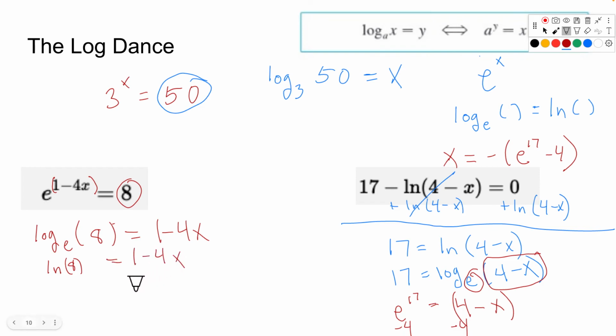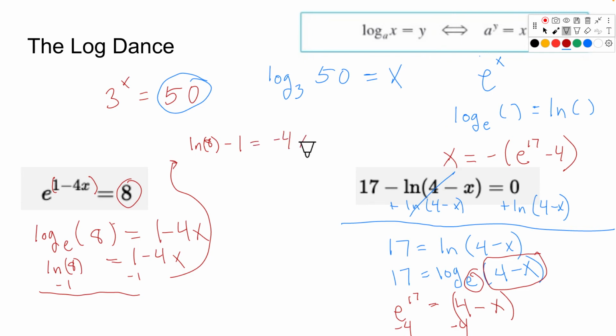And again, the rest is just algebra, so we subtract 1 from both sides. Let me go up here. So we're going to get natural log of 8. And I like to put parentheses around it just to emphasize what's in the logarithm, what's outside the logarithm.